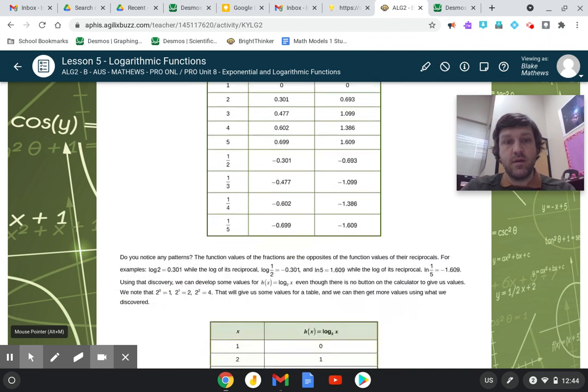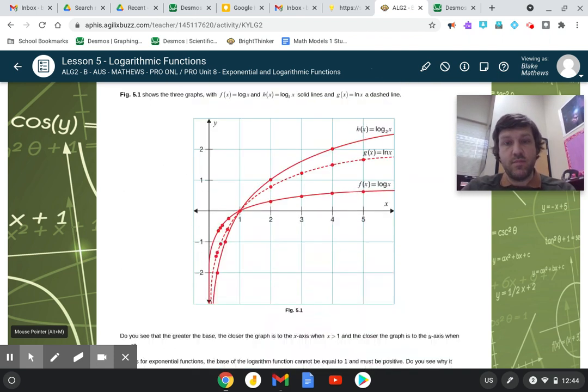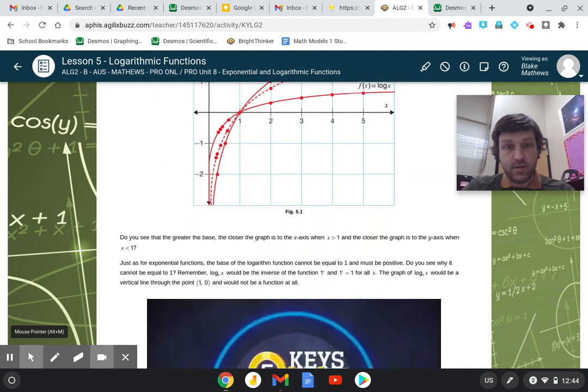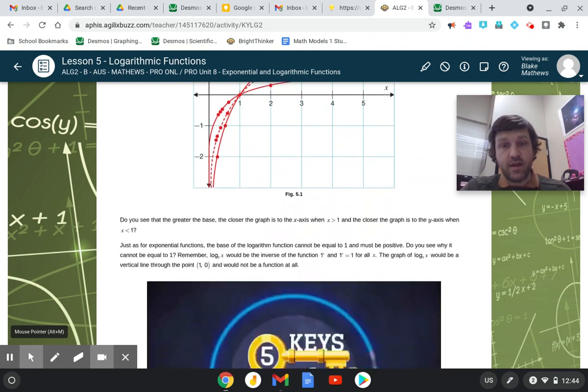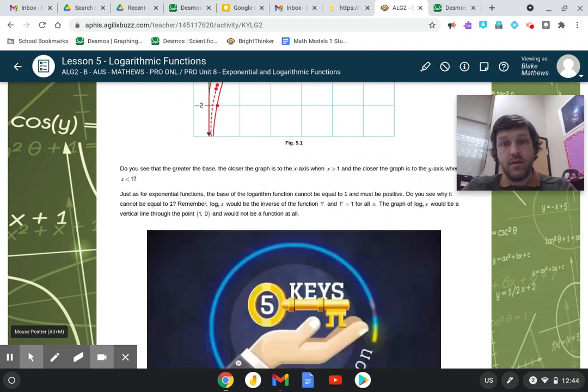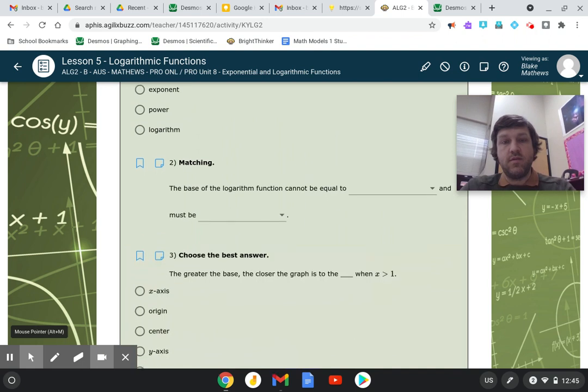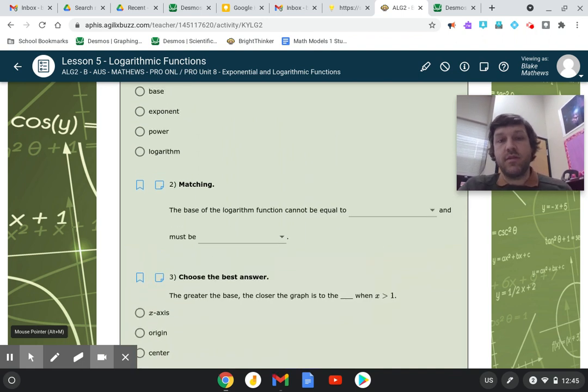The logarithm base cannot be 0, cannot be equal to 1. So the base of a logarithm cannot be equal to 1, and it must be positive. So you can't have negative logarithms.